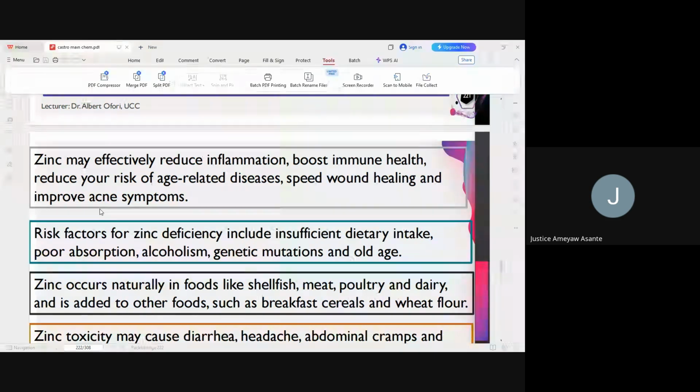Risk factors for zinc deficiency include insufficient dietary intake, poor absorption, alcoholism, genetic mutation, and old age. So if you don't have enough zinc in you, you age faster.